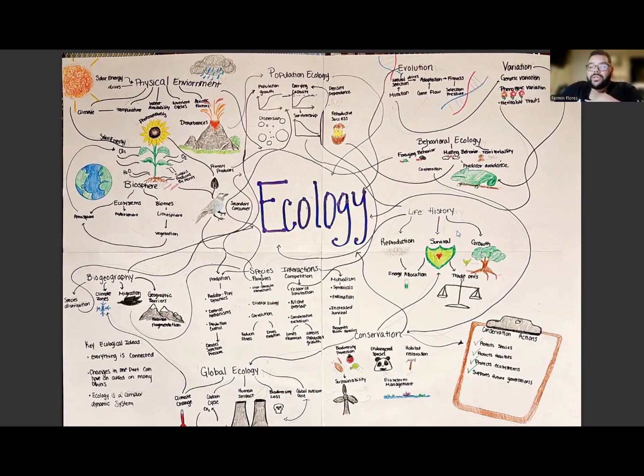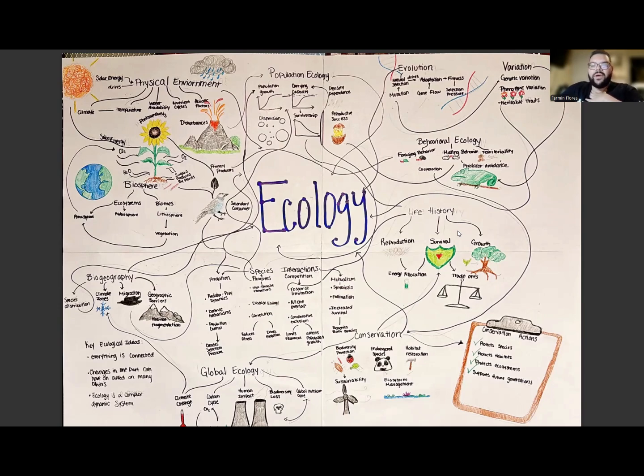Conservation depends on understanding ecological relationships, population dynamics, evolution, and environmental change. Habitat restoration and sustainable management strategies help protect ecosystems for future generations. I connected conservation to nearly every section of the map because successful conservation requires understanding how ecological systems are interconnected.